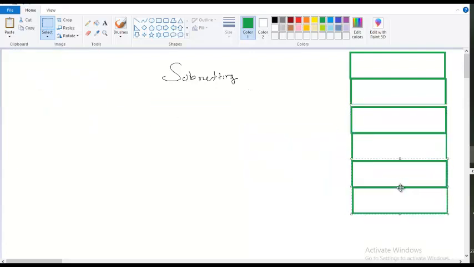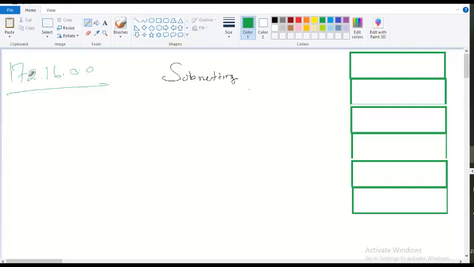Okay, so we got 6 departments here. 6 departments need a unique network. As per the company policy, let's say this is the number: 172.16 is what we are allowed to use. Other than 172.16, you should not use anything else. Only this is allowed. So I need to break this network into 6 small networks, sub-networks.